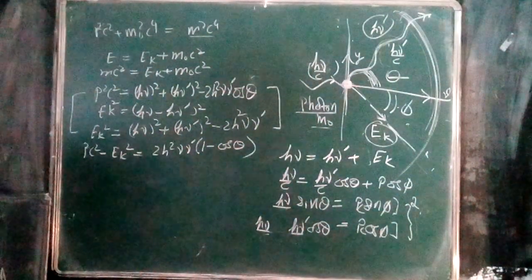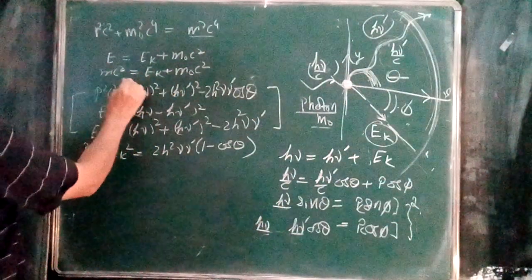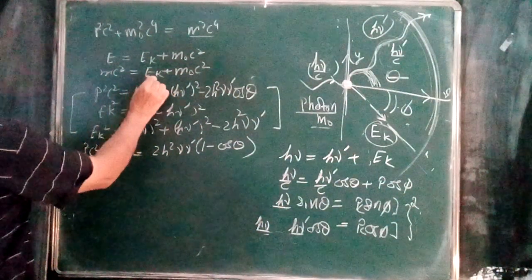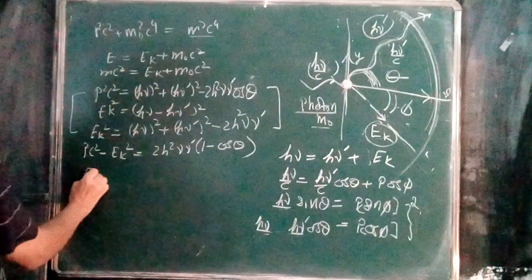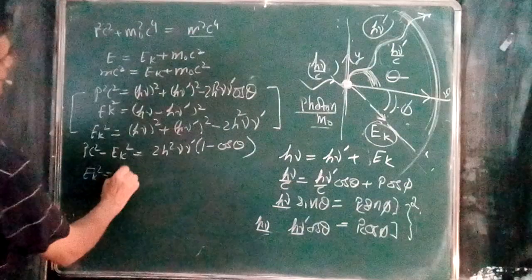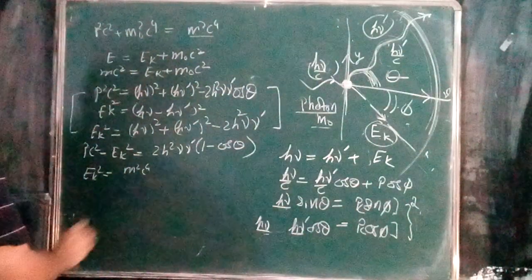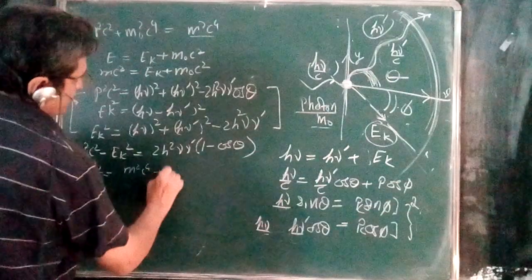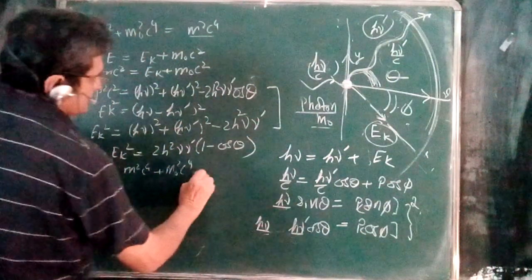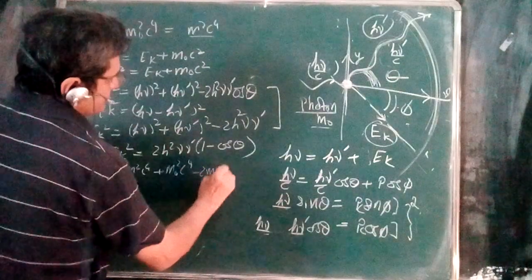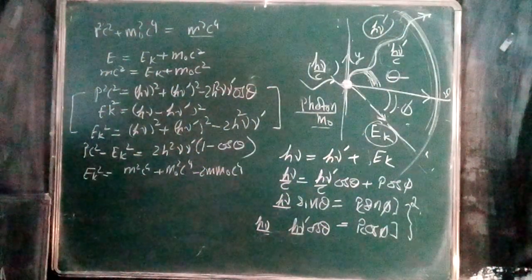Now p square c square minus ek square, I can write ek square here as, if I square it, I get ek square here as m square c raised to power 4 plus m0 square c raised to power 4 minus twice m0 c raised to power 4 is ek square.